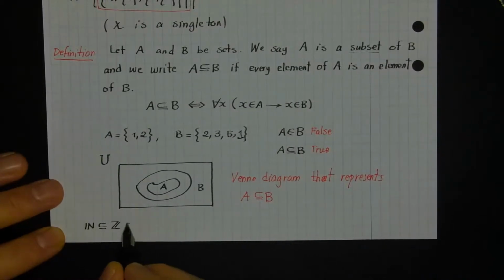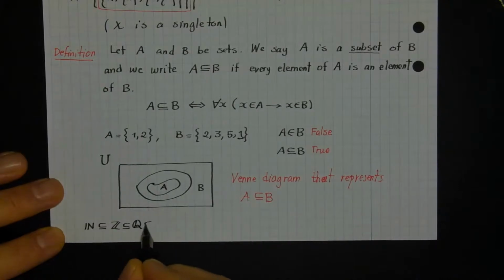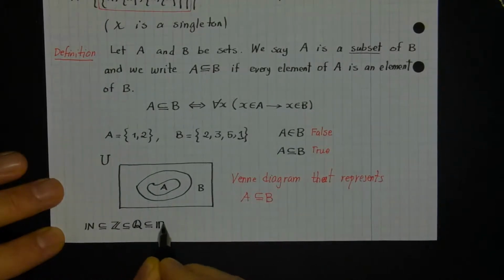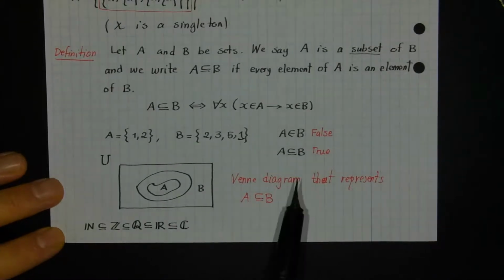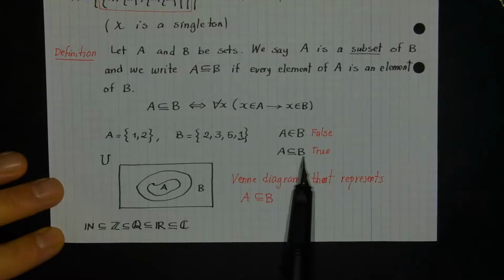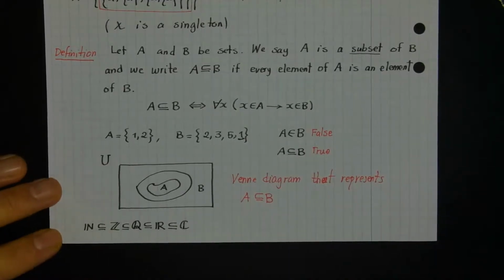And the set of integers is itself a subset of the rational numbers, because every integer that you choose can be written as a fraction if you give the denominator a 1, yes? And this one itself is a subset of the set of real numbers, and somehow you can convince yourself that this is also a subset of the complex numbers. So I want you to differentiate between these two concepts, being belonged to or being a subset of another set. Okay?